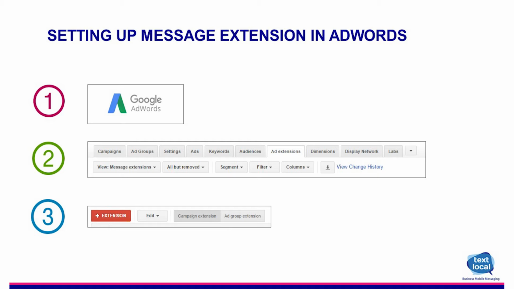And so you can add a new extension, and what's quite cool here is that you can set these up at campaign level. So you could set these up in bulk across your account, or if you have any specific ad groups that you want to have tailored messaging for, you could set these up at ad group level as well, and ad group level would trump campaign level where you have them set up.